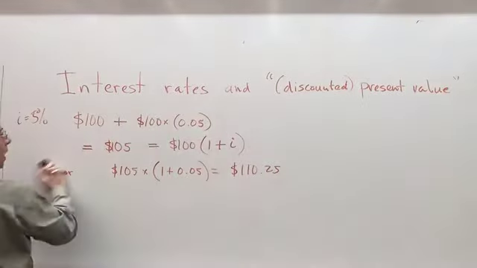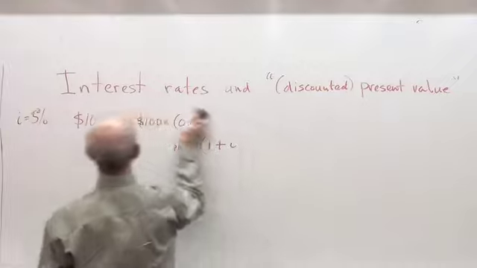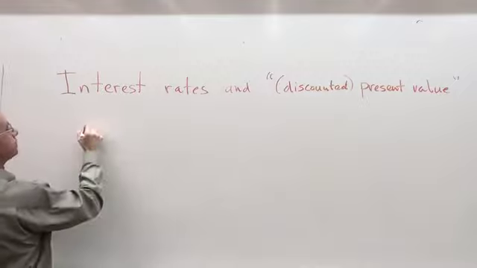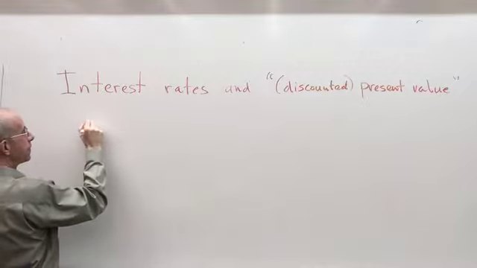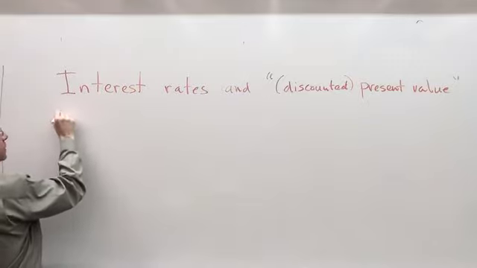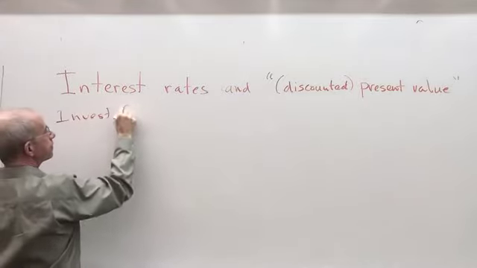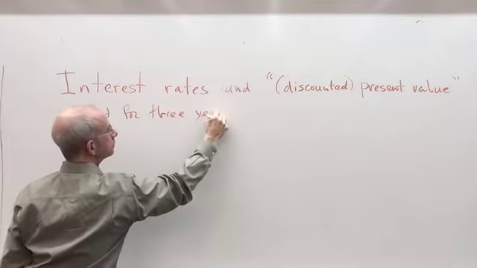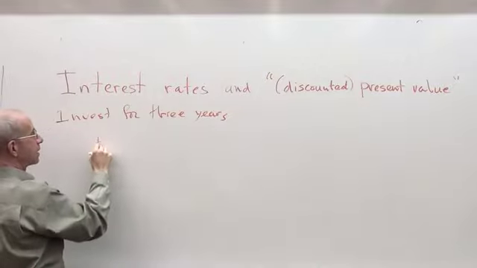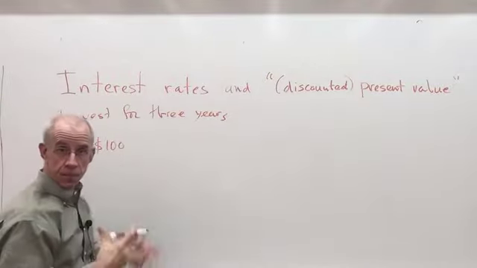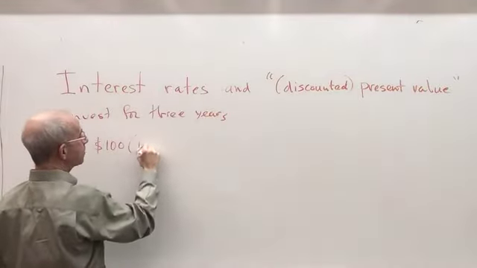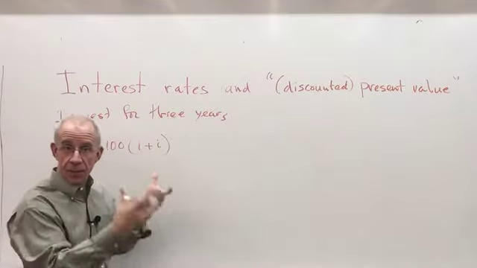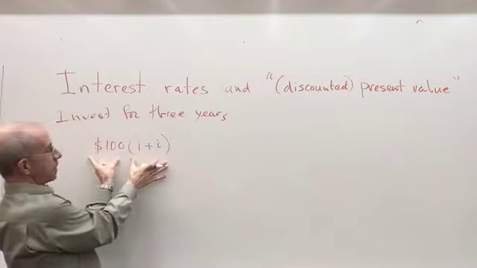So when we talk about the general formulation, here's how we do it. Let's say that you invest for 3 years. I'm going to take my principal, the $100 I start with, and I'm going to multiply that times 1 plus the interest rate. That tells me what I get after the first year. So this would be the 105.